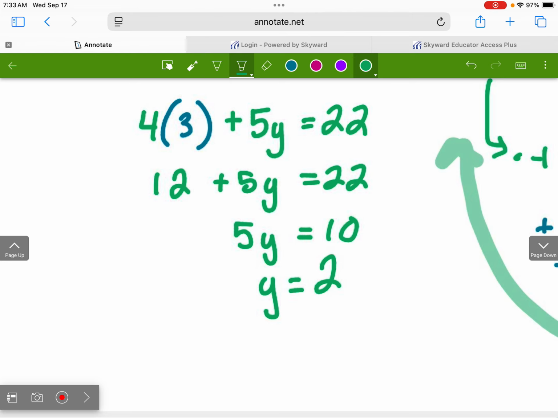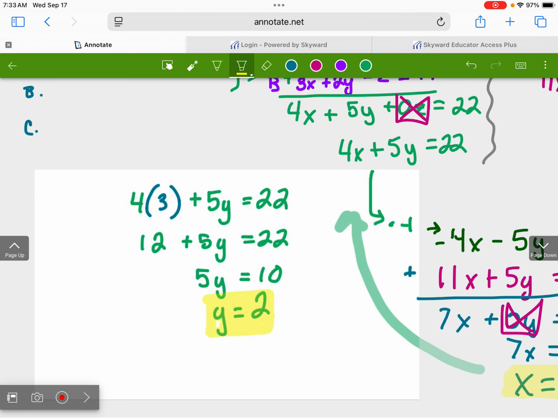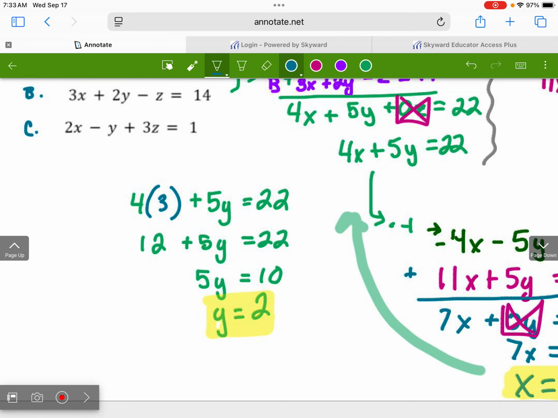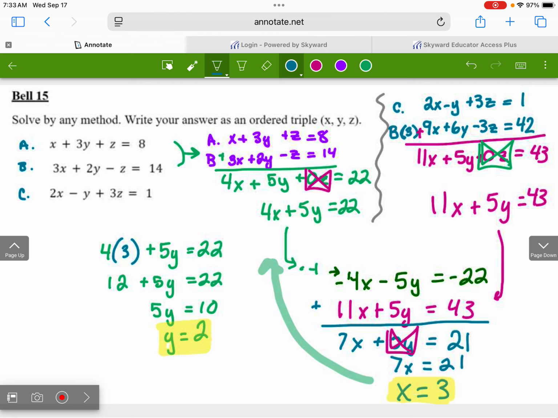All right, now we have our x and we have our y. We're almost there. One piece left. We gotta find z. Which equation do we want to use for that? Again, there's not a wrong answer here. As long as it's got a z in it, it'll work.